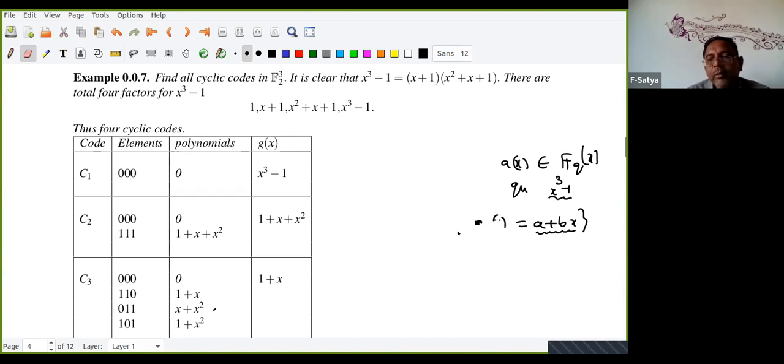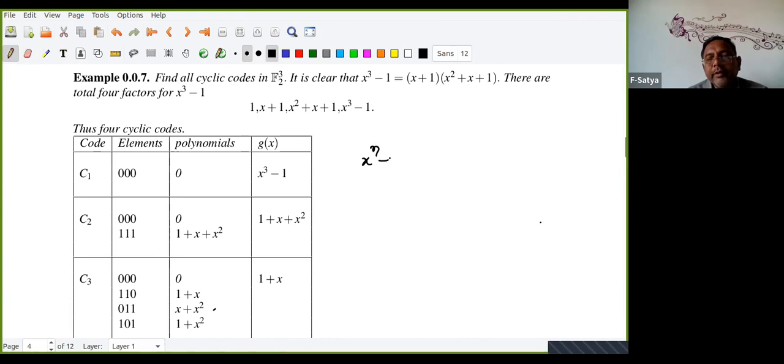And in fact, one more way to look at this part is that those who attended the class before know cyclotomic cosets. We know that x power n minus 1 is a product of some polynomials, right? How many polynomials will come? You remember?